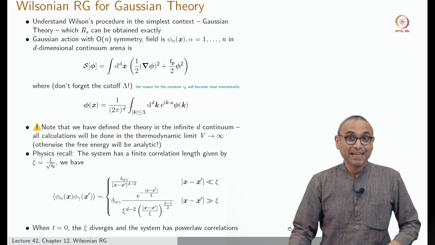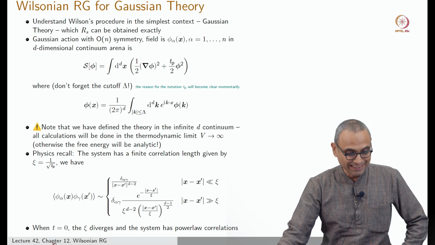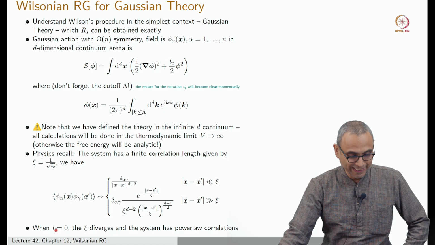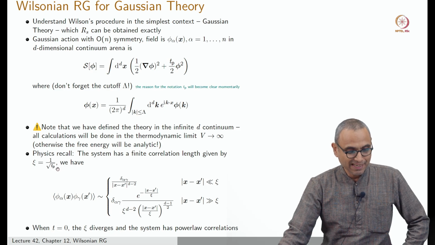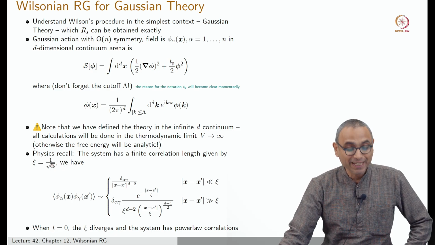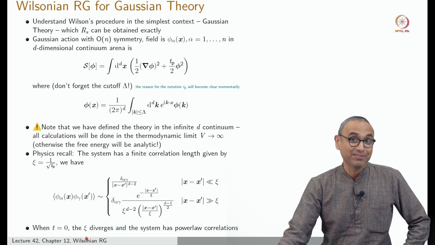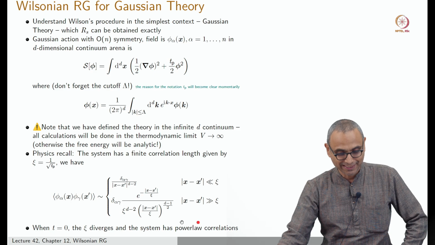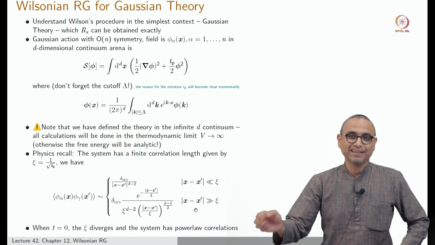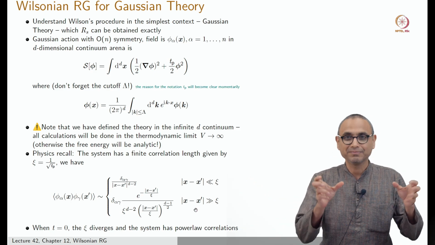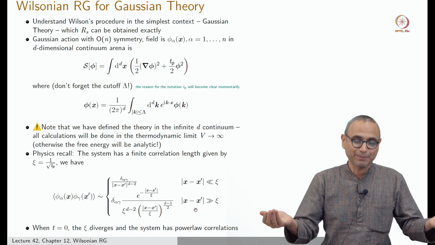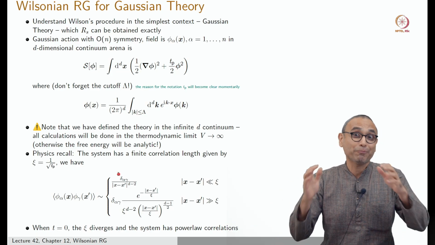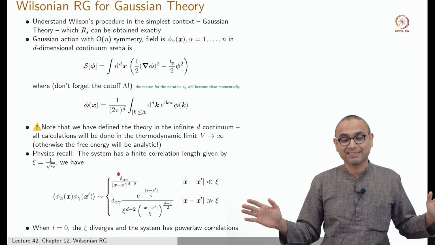Okay. Now what we know is that, so this should be Tp equal to 0, apologies. If this Tp goes to 0, then we know that xi diverges, and then this whole regime is of no meaning, because if xi diverges, then any finite distance is of course much smaller than xi, and therefore you will have power law correlation on all scales.